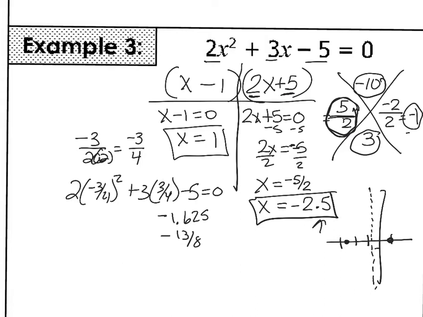So a little bit over negative 1.5 would be here. And it is positive, so it's going up. So your graph's going to look something like that. These intercepts are your solutions. Just kind of a reminder what it looks like on the graph.